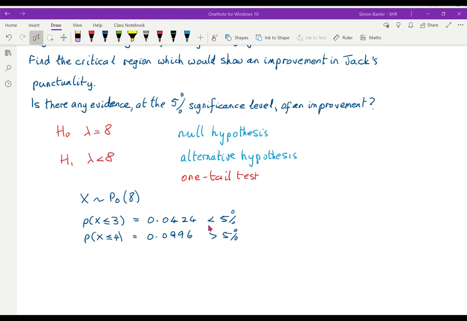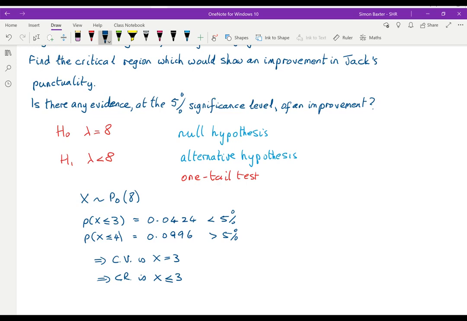So 3 is less than 5%, 4 goes greater, 3 is the critical value. CV is x equals 3, and therefore your critical region is x less than or equal to 3.